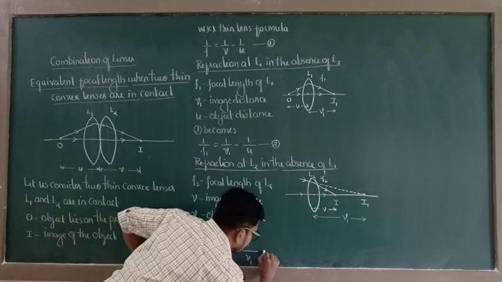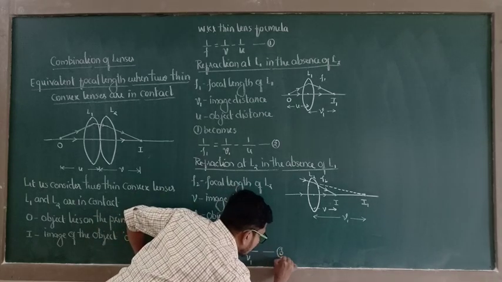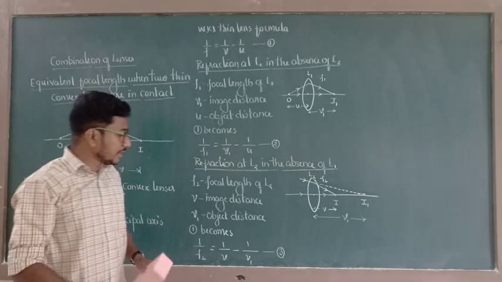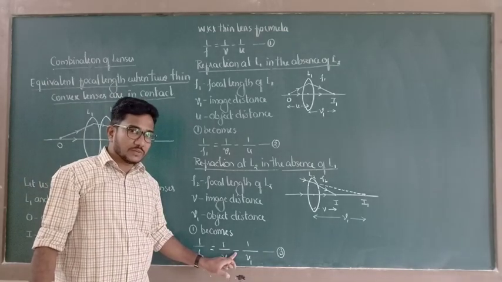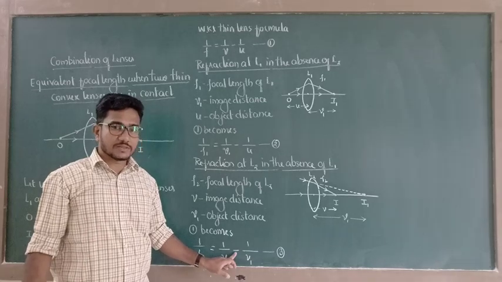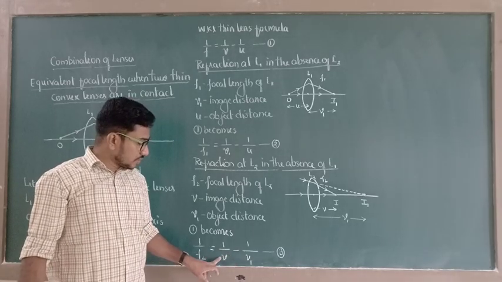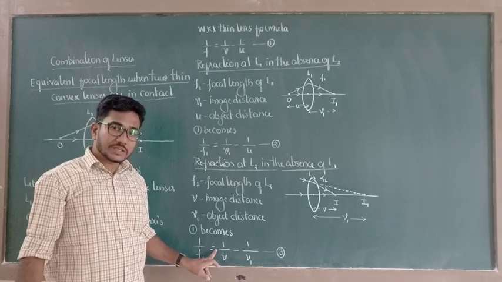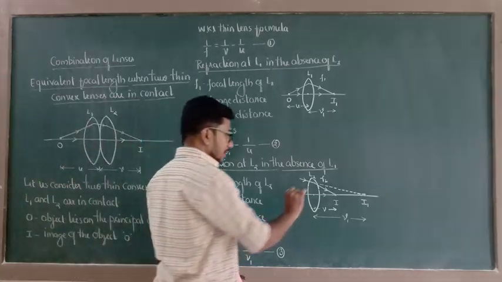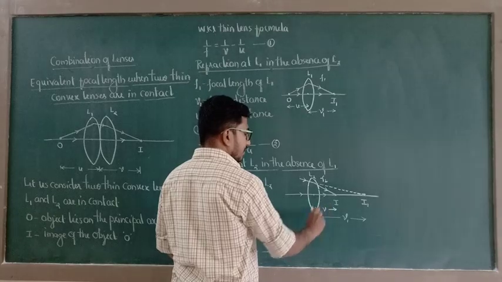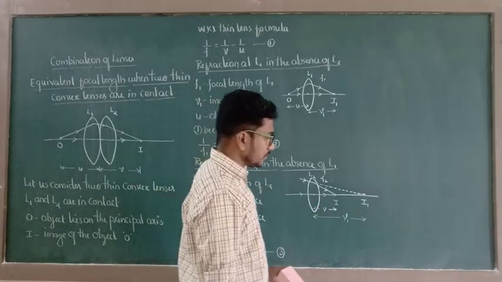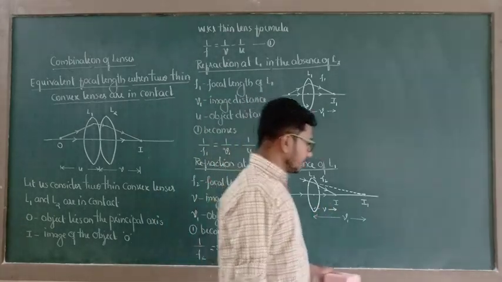Equation number 3. Here this negative sign represents the sign convention with respect to a real object. So this is positive because this measurement is in the direction of incident light.